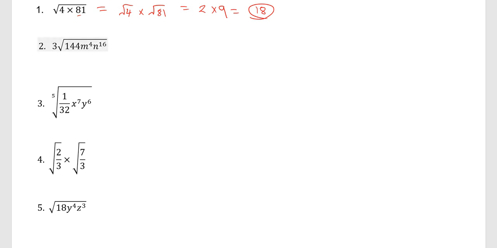3 times the square root of 144 times m to the 4th times n to the 16th. So that is equal to 3 times the square root of 144 times the square root of m to the 4th times the square root of n to the 16th, which is equal to 3 times 12, so the square root of 144 is 12, times square root of m to the 4th is just m squared, times square root of n to the 16th is n to the 8th.